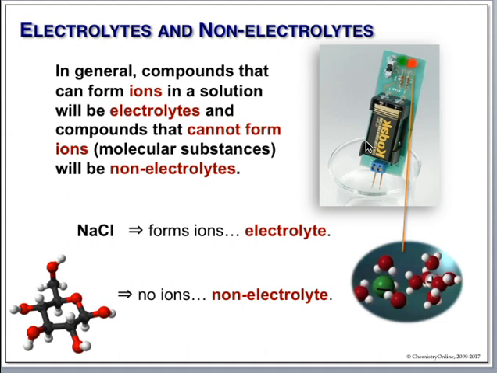If you have a compound that, in this case, this is sugar, glucose, it dissolves in water because it has all these OH bonds, very polar, but it does not form ions. It is a non-electrolyte. Any questions? Ions, electrolyte, no ions, non-electrolyte.